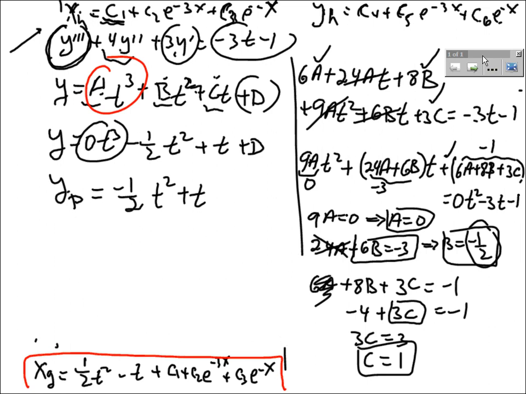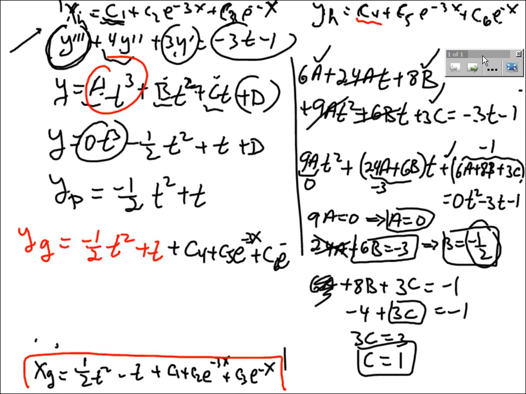But that arbitrary constant is already in the homogeneous. So I'm okay there. So now y sub g is going to be negative a half t squared plus t plus the homogeneous part, plus c4 plus c5 e to the negative 3t plus c6 e to the negative t. Let me write that a bit lower, please.